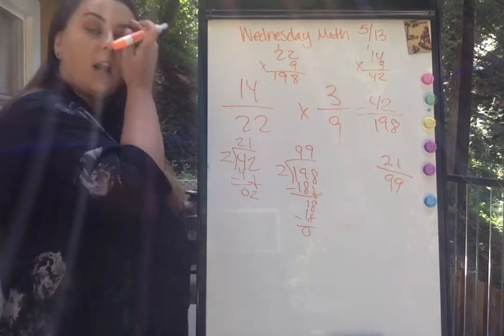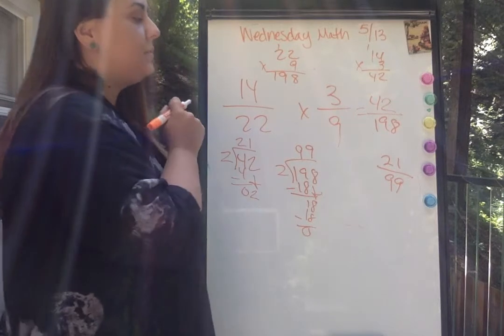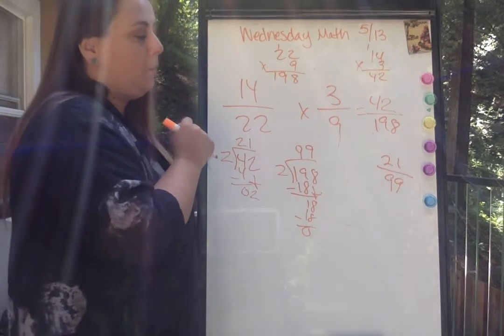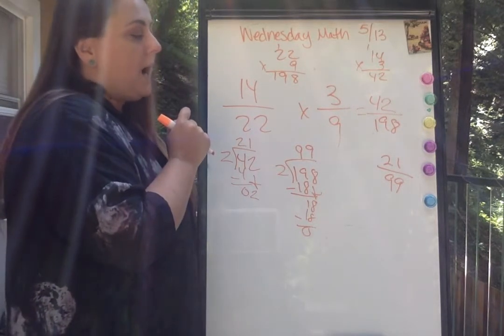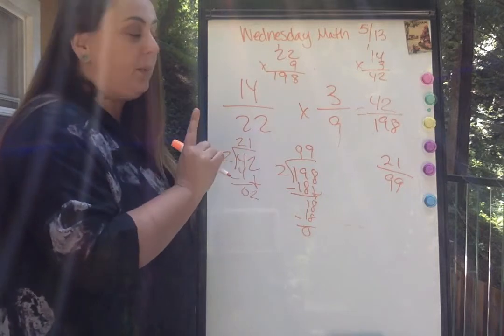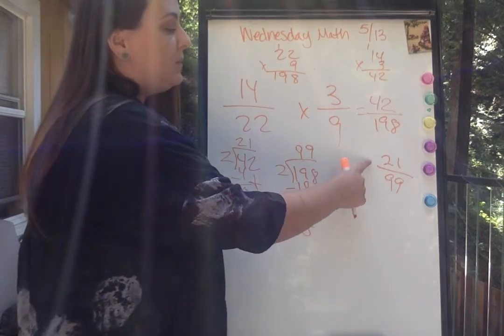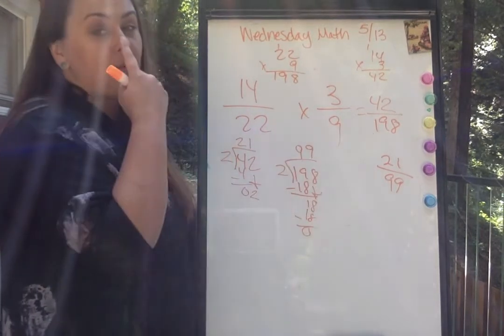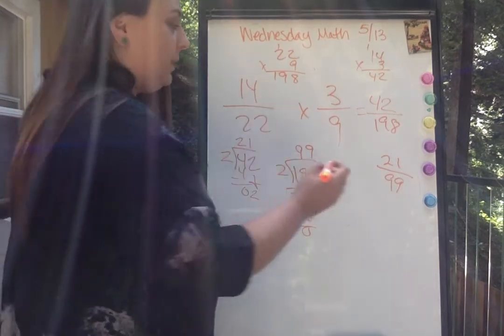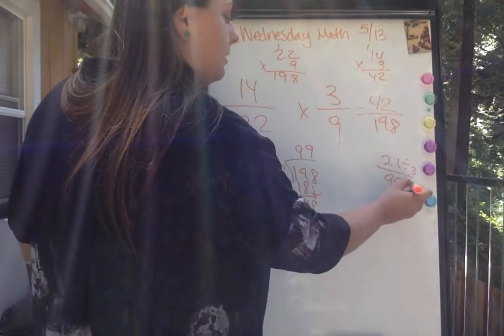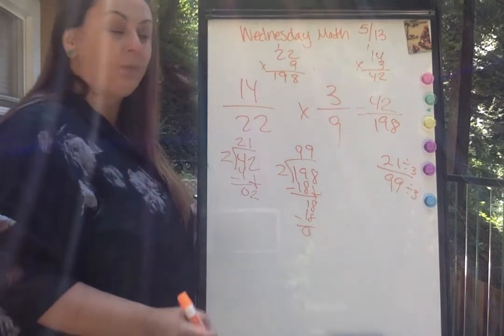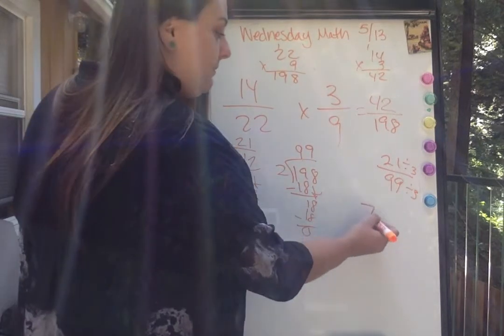Now, I'm trying to think, can I reduce these by anything more? Well, 2 isn't going to work. Will 3 work? Well, 3 goes into 21 and 3 goes into 99. So we can divide each of these by 3. 21 divided by 3 is 7.